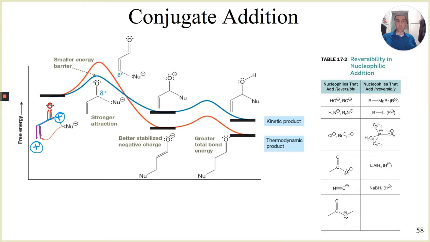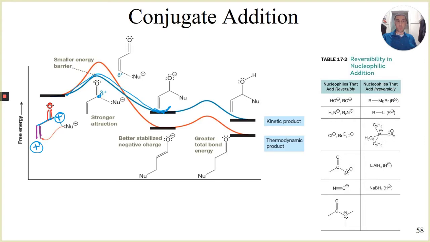And deciding which one you react with your nucleophile is all dependent on the strength of the nucleophile. So there are some that add reversibly, and if they add reversibly, what will happen is that they will first attack the most electrophilic site, which is the carbonyl carbon. They will make that kinetic product.